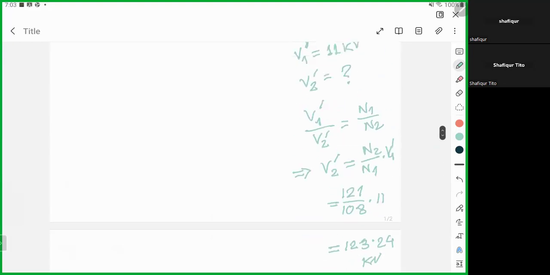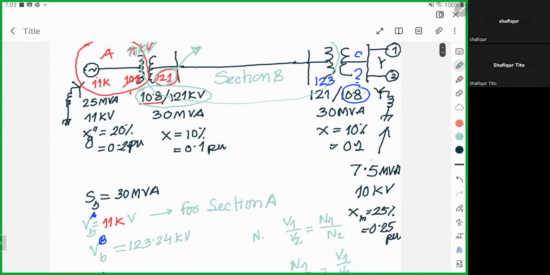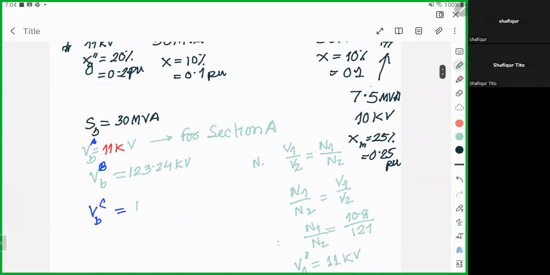So that remains the same as 11 kV here. That will be because 11 kV. So VC will be 11 kV for section C.